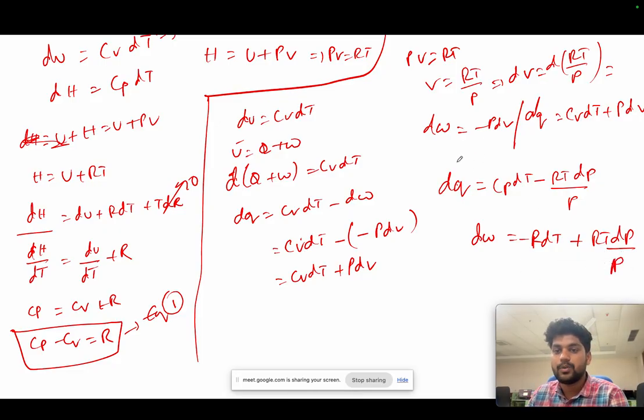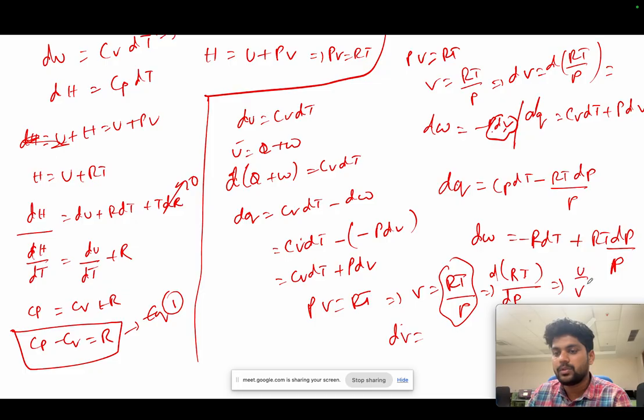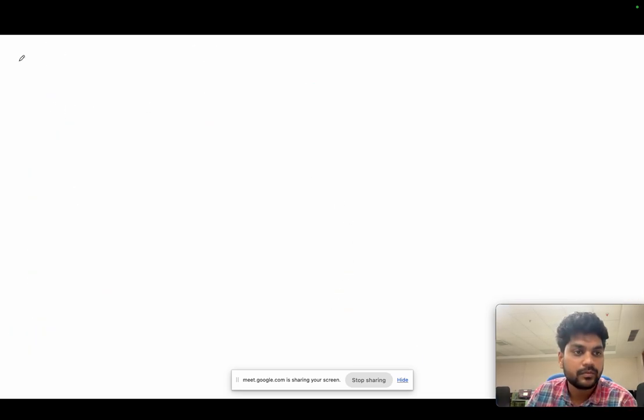You can try this one, how you are getting this. Suppose we have pv equal to RT, v equal to RT by p. Now I want to get dv, because here we have dv. So we need to convert this dv into this equation. We have RT on the upper side and p on the downside. If you know the u by v rule, it is (v du minus u dv) over v squared.